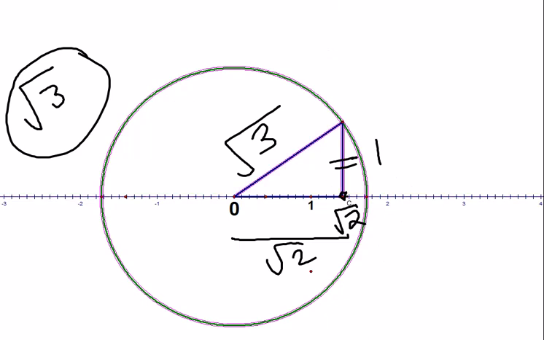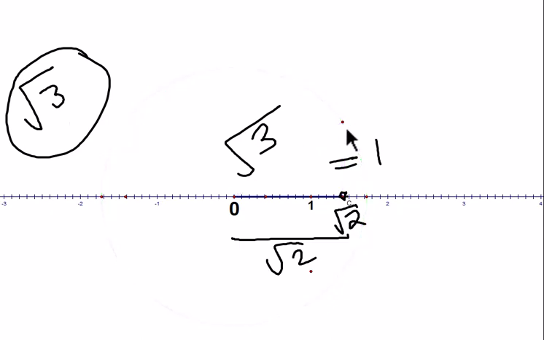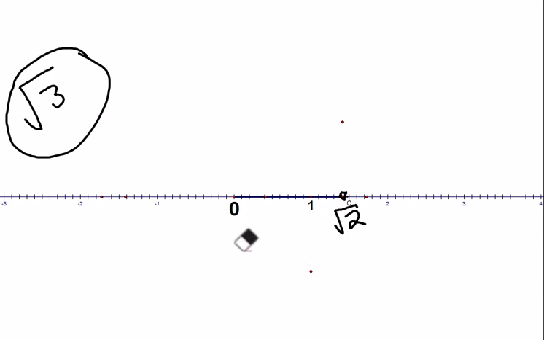So again, we shall just remove most of the things that we don't need, and whatever we wrote by hand, we can just go ahead and erase them. Again, only what we don't need. And so we know that right here this point is square root of 3.